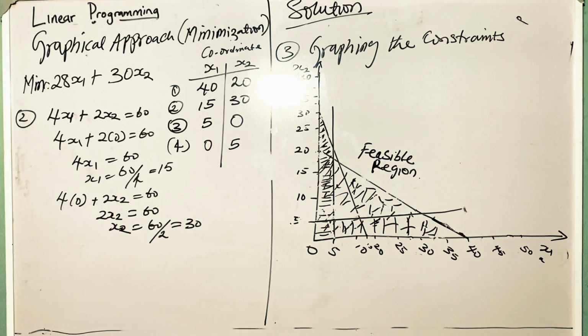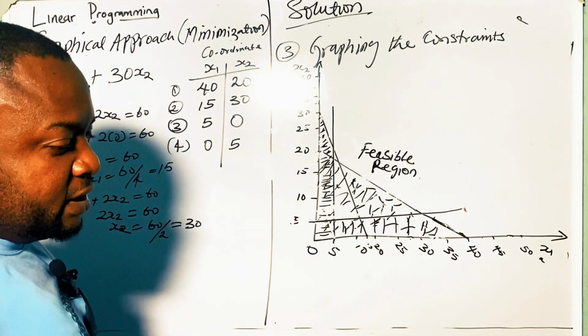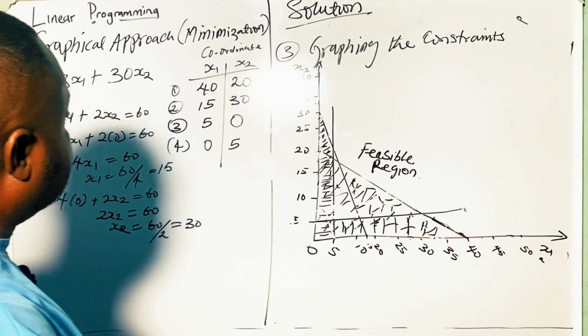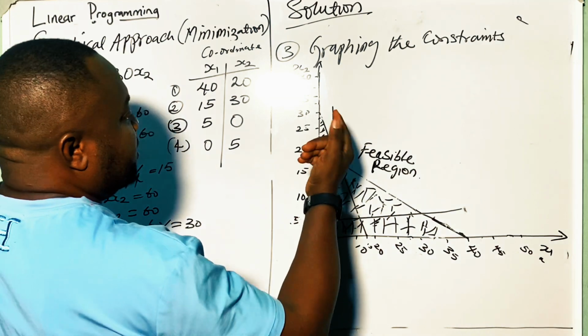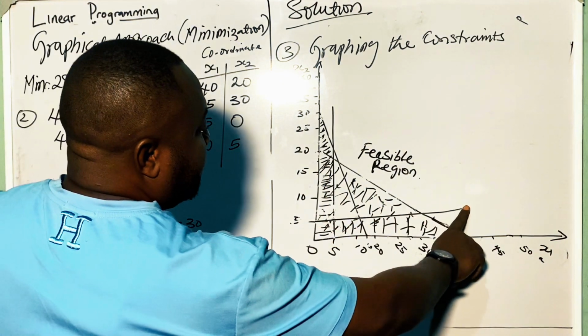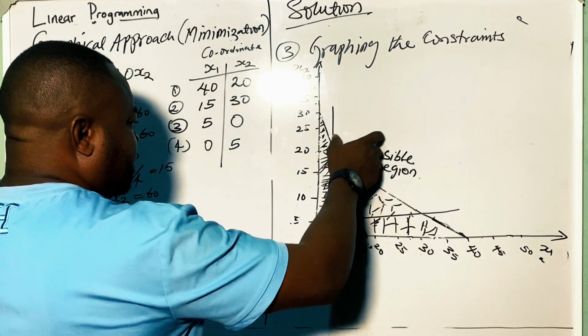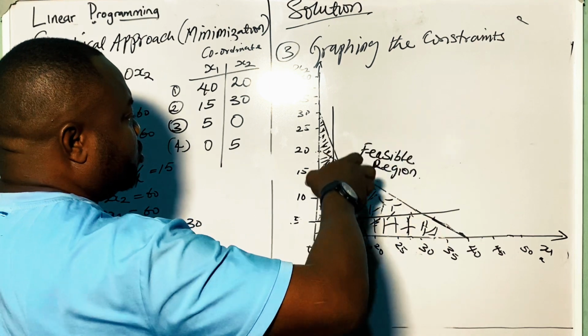Alright, having graphed our constraints, the next step will be to test the extreme corner points. We mentioned in our previous video that this feasible region is a production combination area.